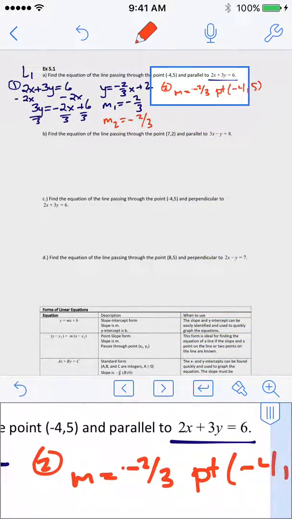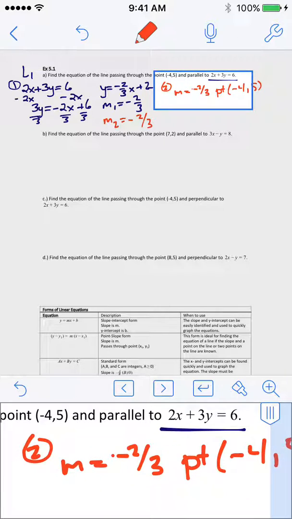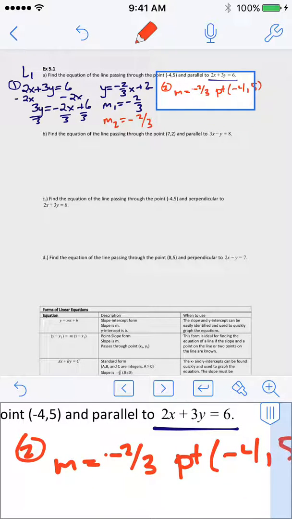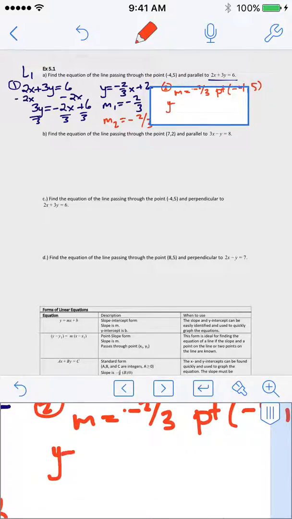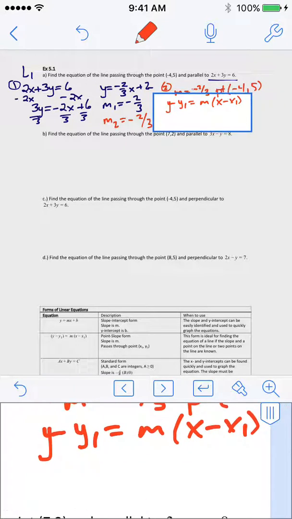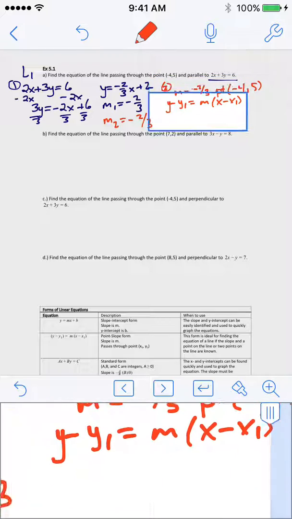So once you find that slope and you're given a point, you can find it either through point-slope form or through slope-intercept form. I'm going to do point-slope form. So y minus y1 is equal to m times x minus x1. I'll plug in my slope and my point.